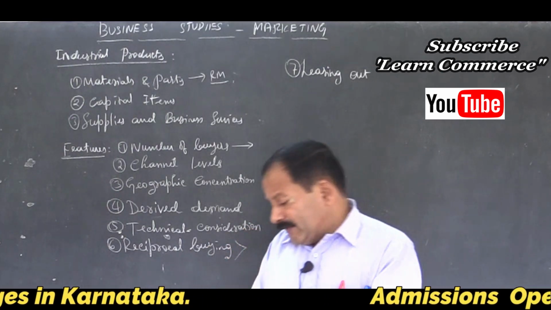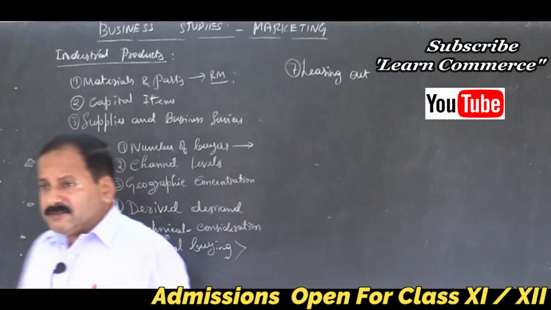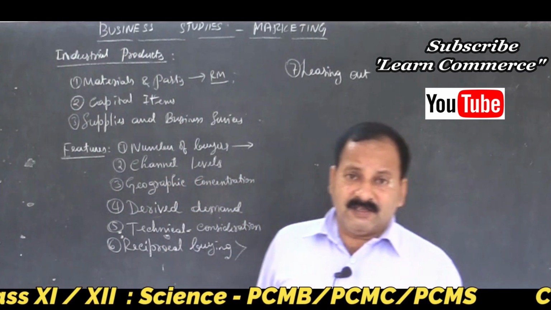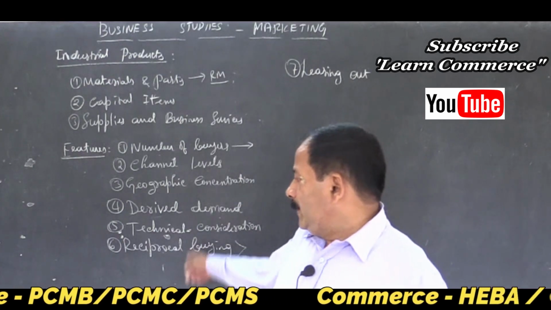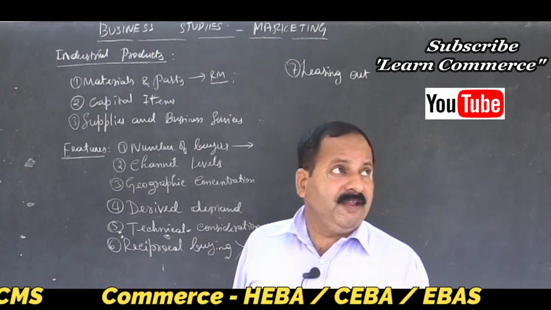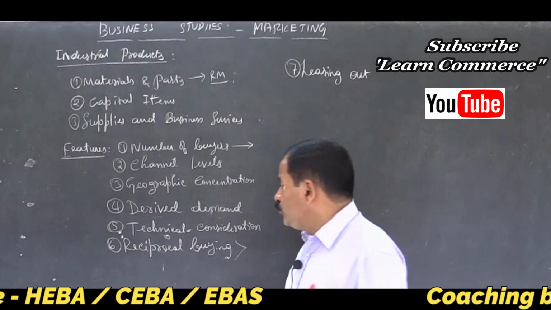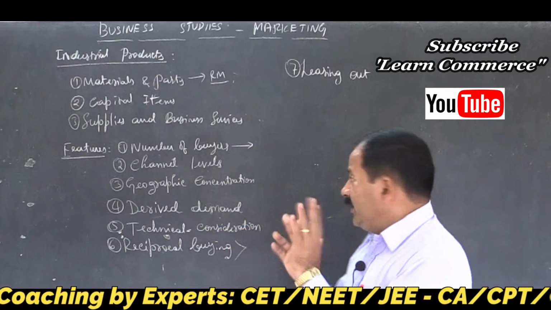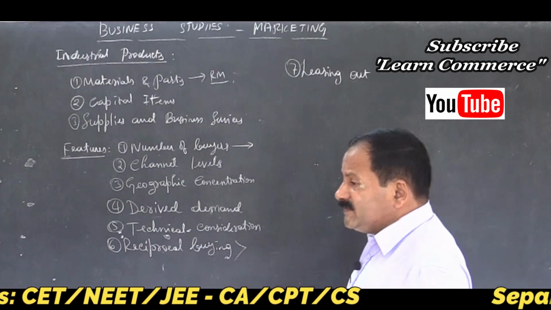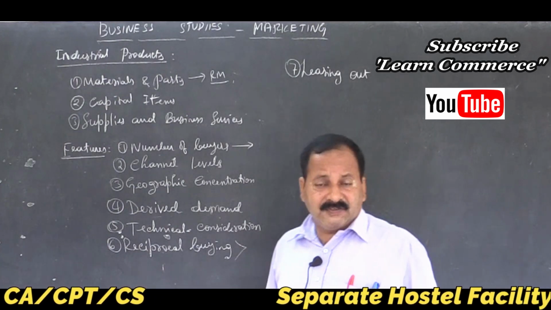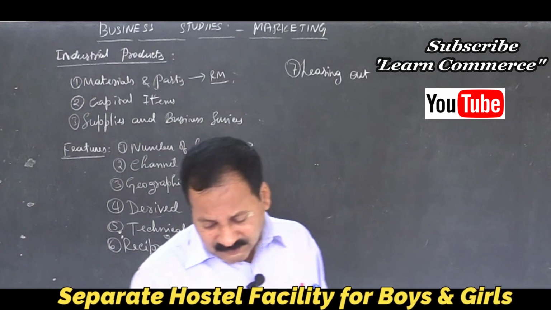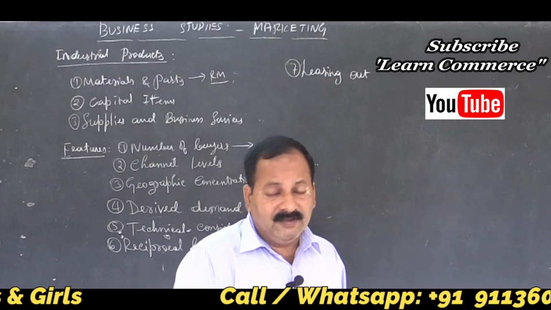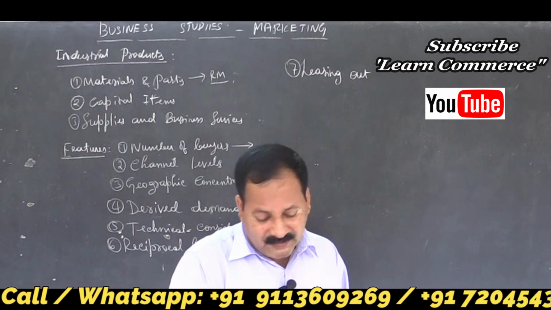Reciprocal buying is not there in case of consumer goods because consumers will buy, they will not sell anything to the retailer, but in case of industrial products, there will be reciprocal buying or mutual agreement between the buyer and the seller, two industrial centers. Leasing out is not there in case of consumer goods, but in case of industrial goods, leasing out is there. So these are the main distinctions between industrial products and consumer products.